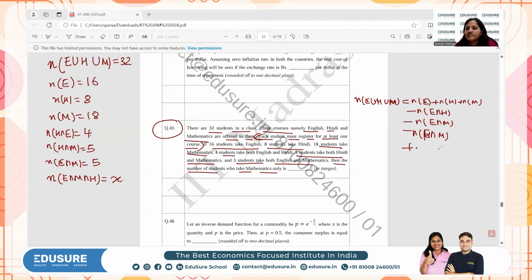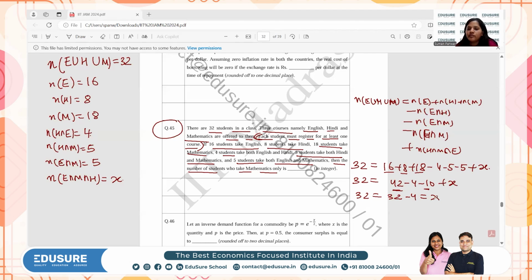So 32 is equal to 16 plus 8 plus 18 minus 4 minus 5 minus 5 plus X. 16 plus 8 is 24, 24 plus 18 is 42. So 42 minus 4 minus 10 plus X. Now 42 minus 10 is 32, minus 4 is 28, so 32 equals 28 plus X, so X equals 4. So the number of people who take all 3 is 4. Now we will be able to tackle this problem easily.